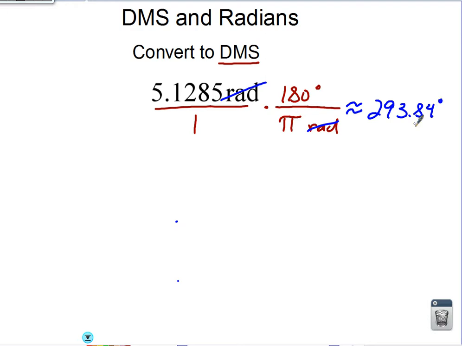This remnant, this leftover 0.84, is a partial of another degree. To find out how many minutes that is, it's not a full degree, it's 0.84 of a degree. So it's 0.84 of a full degree, which is 60 minutes. In order to find out how many minutes that actually is, you're just going to multiply the two.